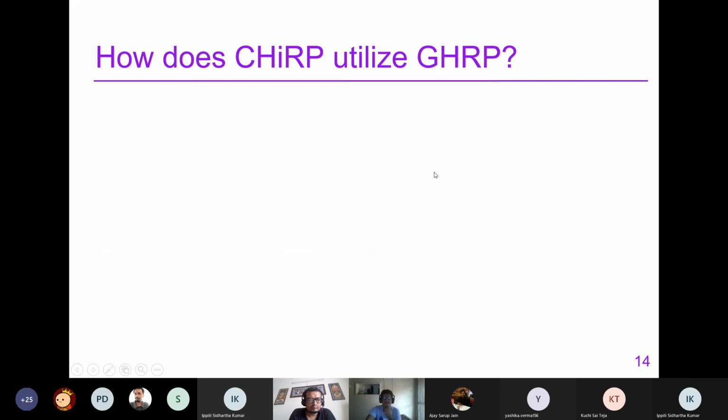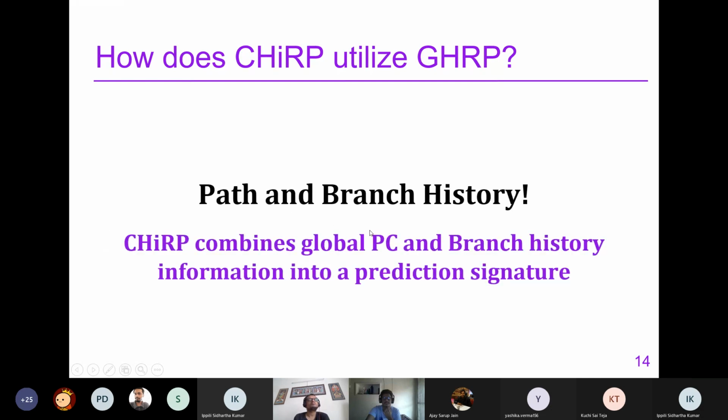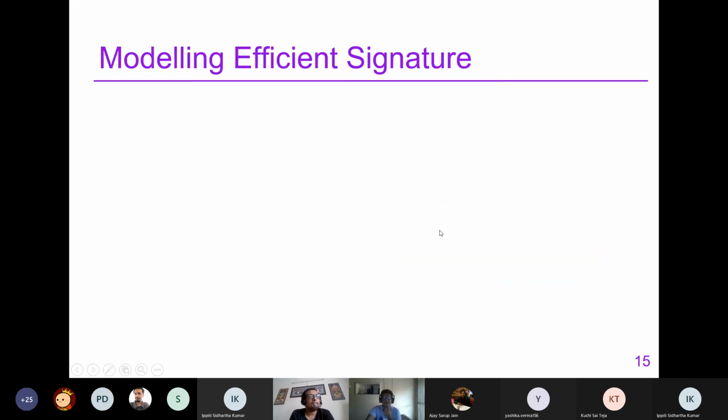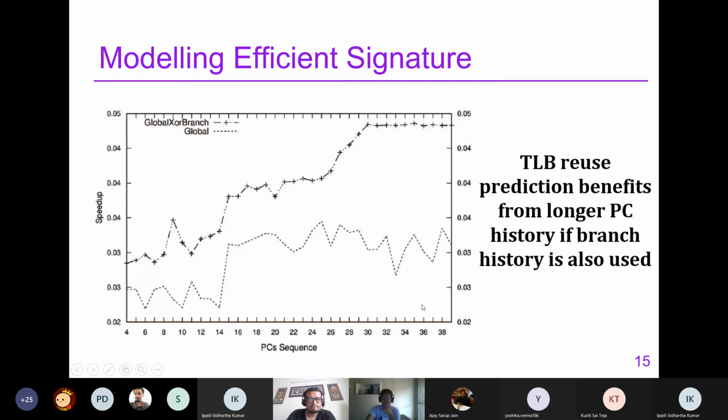And how does CHIRP utilize GHRP? GHRP uses path and branch history, and CHIRP also tries to incorporate both of these features into its prediction signature. As I explained, the signature is made up of 4 features. But how do we know it is combating aliasing, or not letting other program counters refer to the same control flow? That is possible by incorporating branch history as well as the global path history.